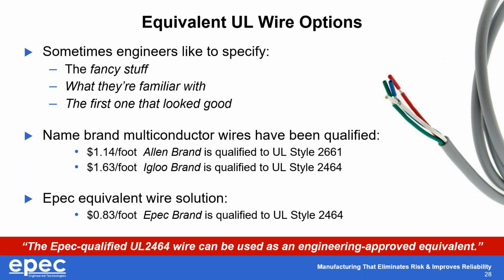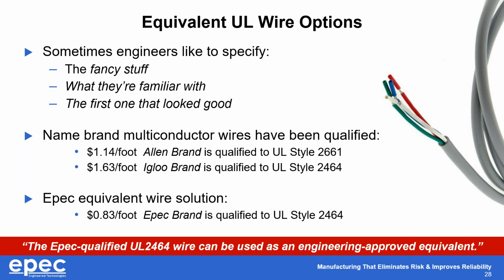per foot. So since Epec has an existing UL approval to produce UL wire per 2464, we were able to recommend a wire solution that was a drop-in replacement and met all engineering requirements. This wire was also 40% or so less than the solution they were using.